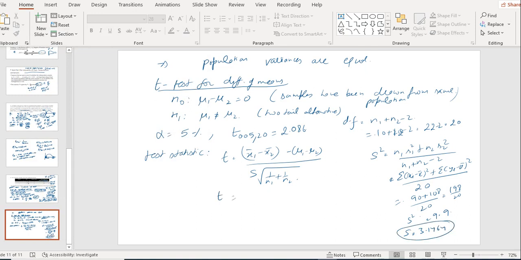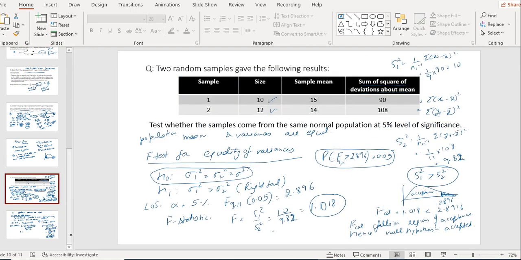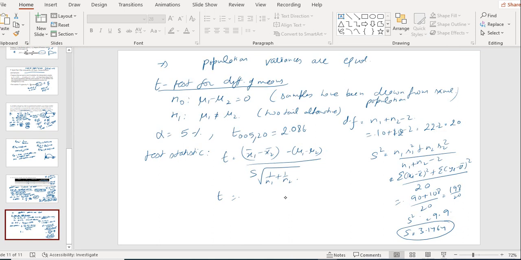If I substitute this value, the means come out to be 15 and 14. So 15 minus 14, and we are assuming that their population means are equal, so this is 0, upon 3.1464 into square root of 1 upon 10 plus 1 upon 12.